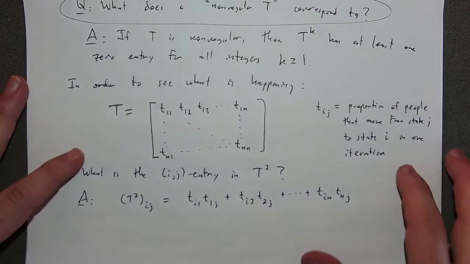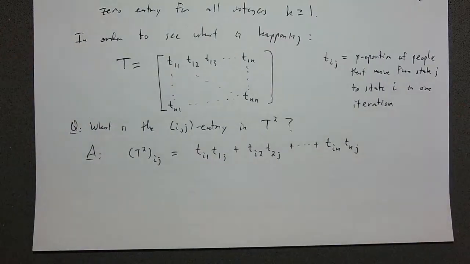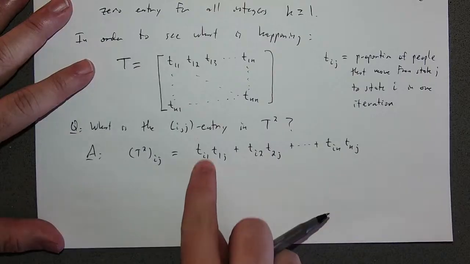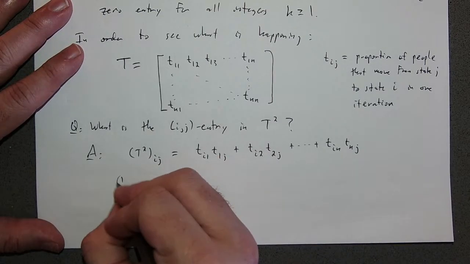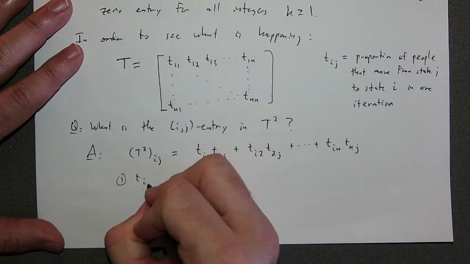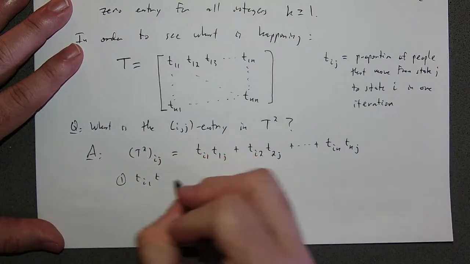Now, what do you notice about this? Let's start here. What is T sub i1 times T sub 1j?